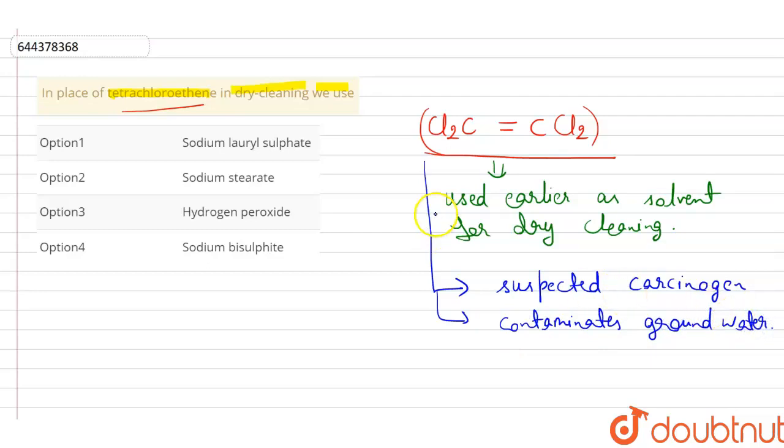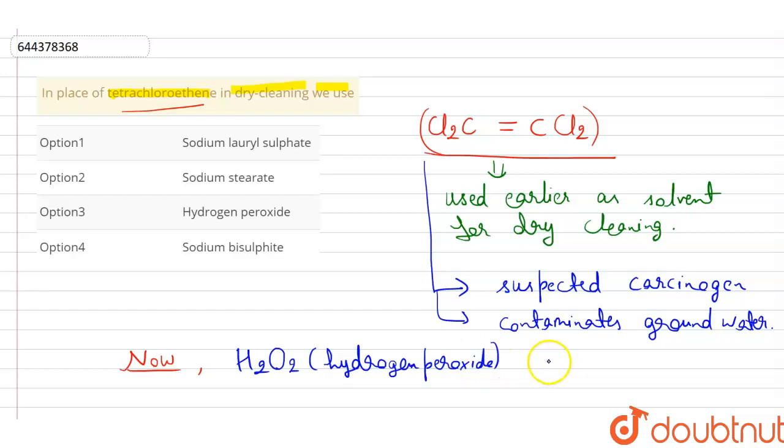So that's why it is not used nowadays, but instead now we are using hydrogen peroxide, that is H2O2. It is hydrogen peroxide.